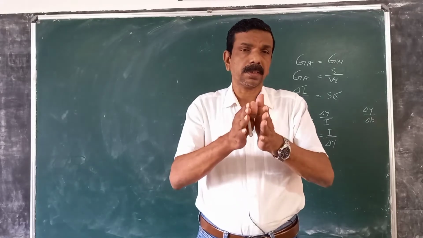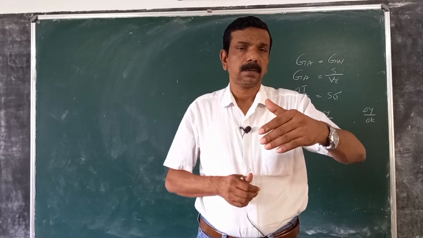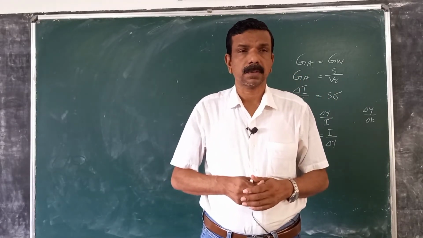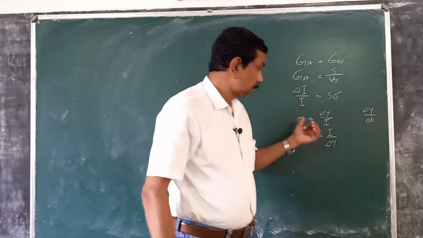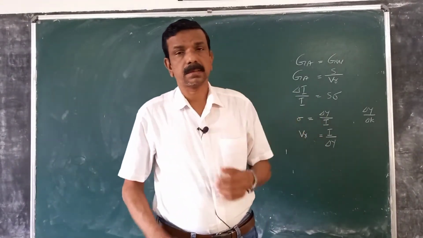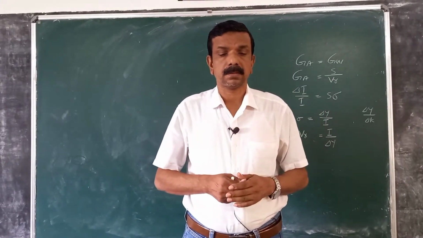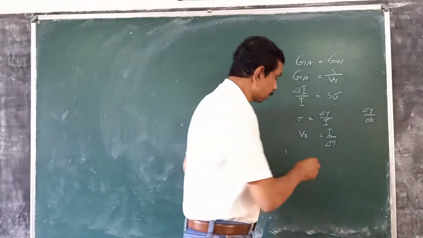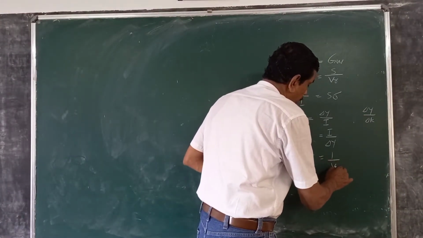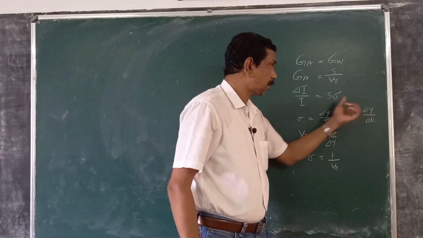We also assumed that the capital output ratio and also the incremental capital output ratio is same. So both the sigma and VR assume that investment is properly utilized. So it is clear that sigma is equal to 1 by V or 1 by VR.